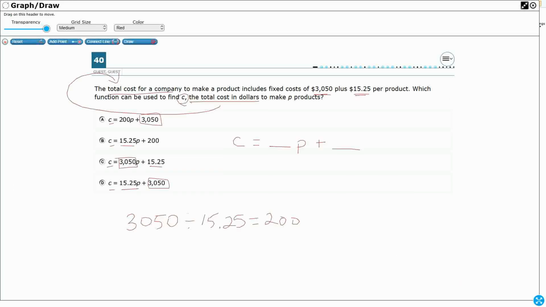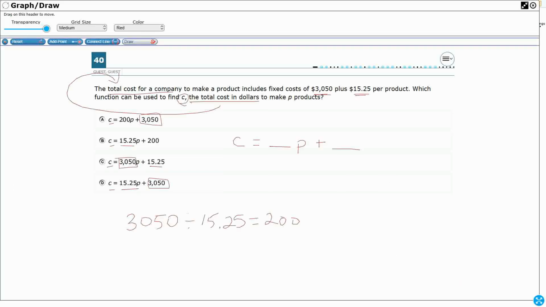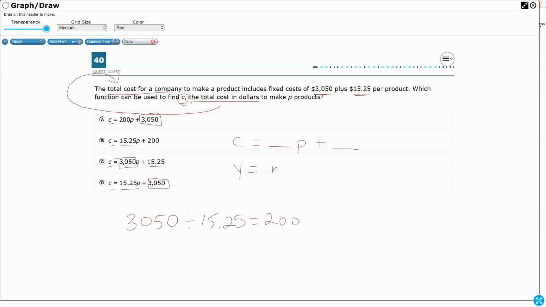So y equals mx plus b. Now, it doesn't have to be y and x. In this case, my independent variable is my p, so that connects with my x, and my dependent variable is that total cost, c, which connects with my y. So now I'm looking for my m and my b.